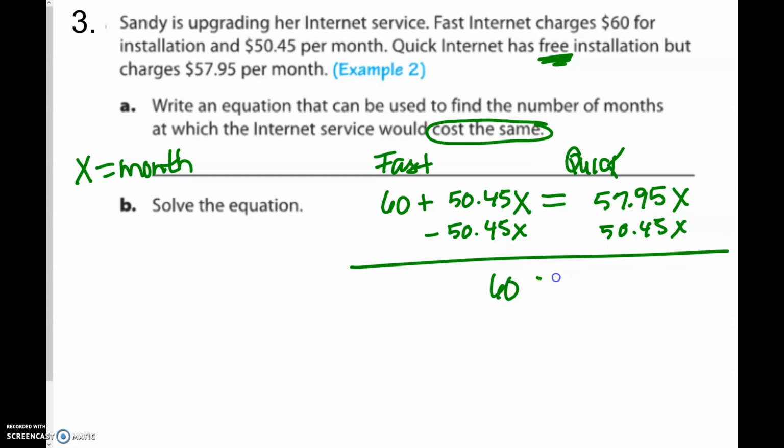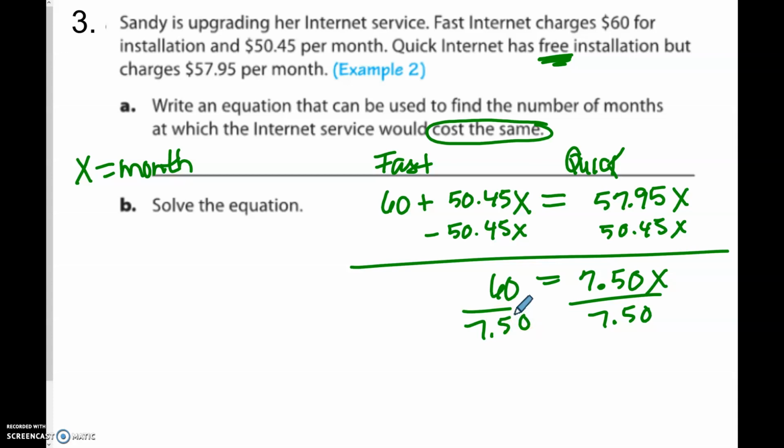So I have 60 equals, and when I subtract $50.45, I end up with $7.50. All right, so now to get the $7.50 away from the X, we are going to divide both sides by $7.50.